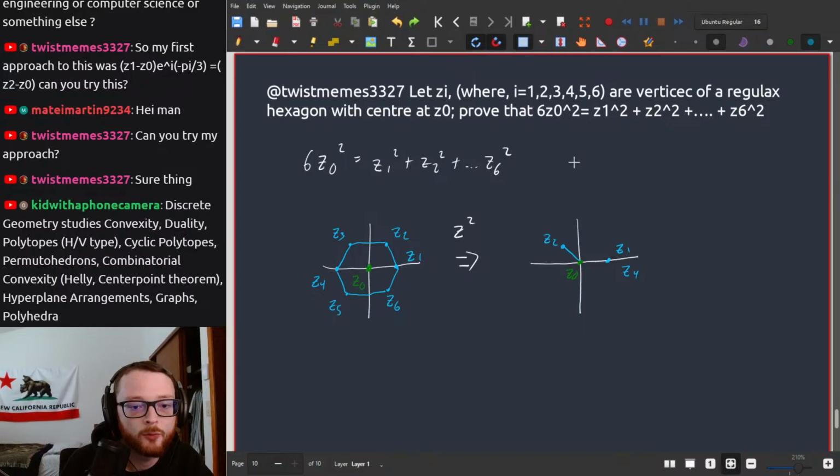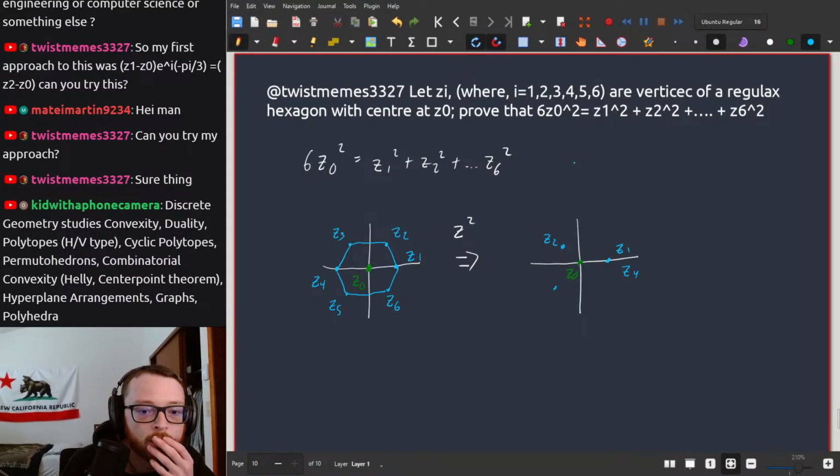Why am I doing that branch? I should make it a little more symmetric.